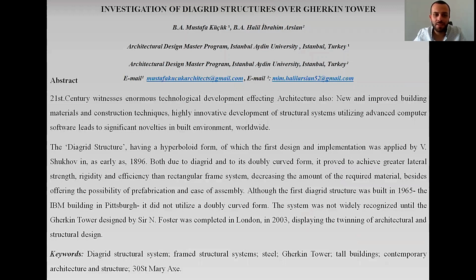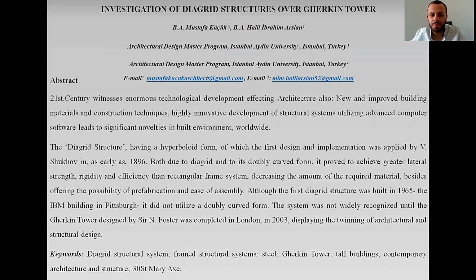The diagrid structure has a hyperboloid form, of which the first design and implementation was applied by Vladimir Shukhov as early as 1896. Due to the diagrid and its doubly curved form, it provides greater lateral strength, rigidity, and efficiency than a rectangular frame system, decreasing the amount of required materials besides offering the possibility of prefabrication and easy assembly.